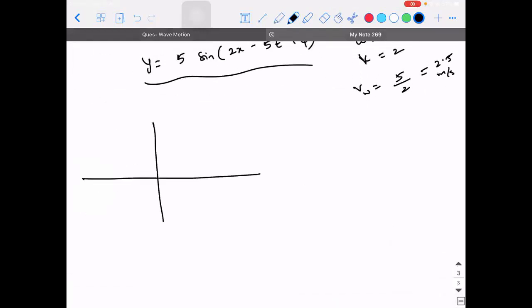If you see a graph like this, I'll change the graph. If you see a graph like this, is this an even function or odd function? Odd function. How did you say? By looking at the graph. Sir, I just looked at the x intersection point and tried plugging in minus 2 and plus 2.